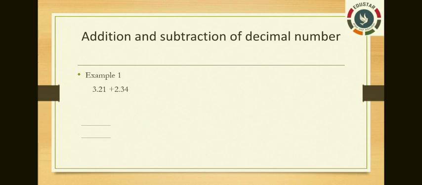Given decimals are like decimals. If they are like decimals, directly add the digits. 3.21 and 2.34. First, the decimal place: 4 plus 1 is 5, 3 plus 2 is 5, 3 plus 2 is 5. 5.55.